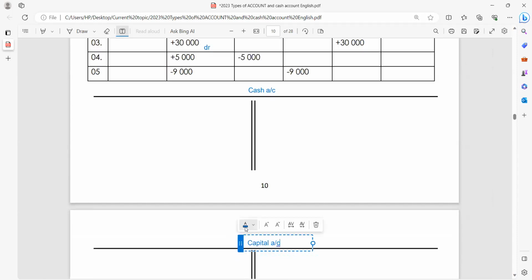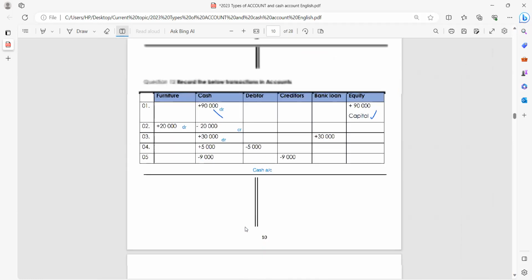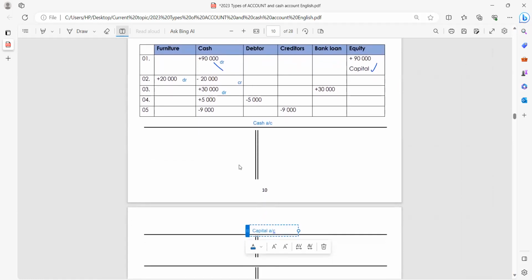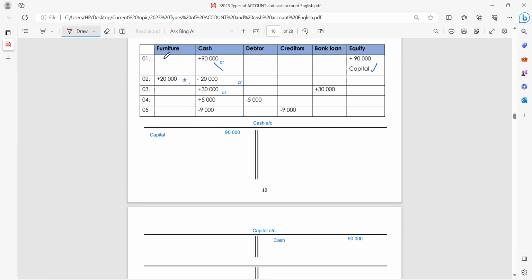So as per the entry, cash account debit 90,000. In the detail we write capital. In the capital account credit side we write cash 90,000. As usual, look at the second entry: furniture account debit, cash account credit.